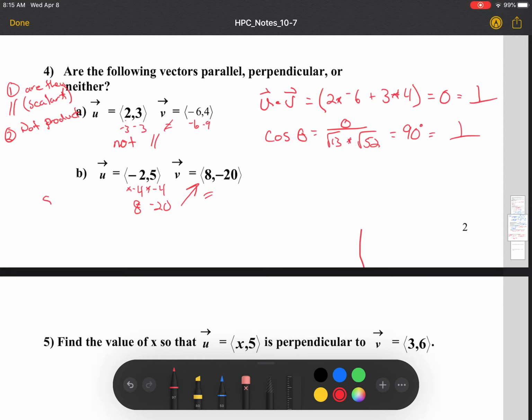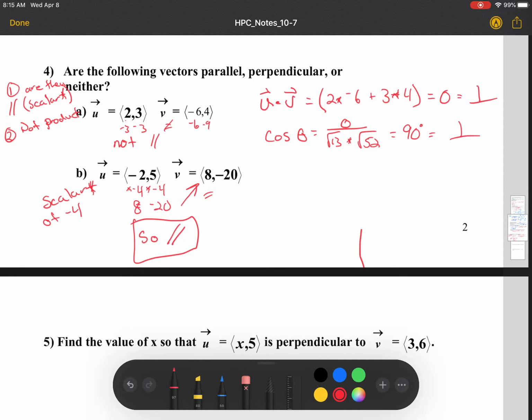So there is a scalar multiple of -4, which means they're parallel. And that is how you do it.